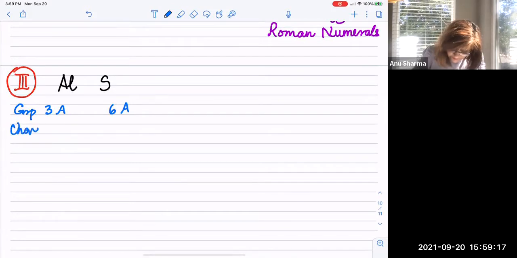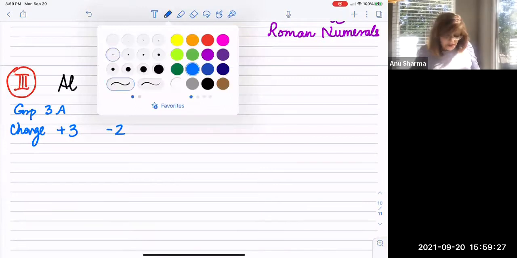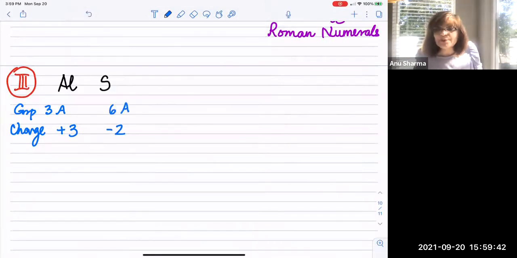The charges: aluminum +3 charge, sulfur -2 charge. Again, this is all in reference to the table that we have in these notes. It's in the handout, and it's also in the worksheet. Otherwise, you need to memorize.